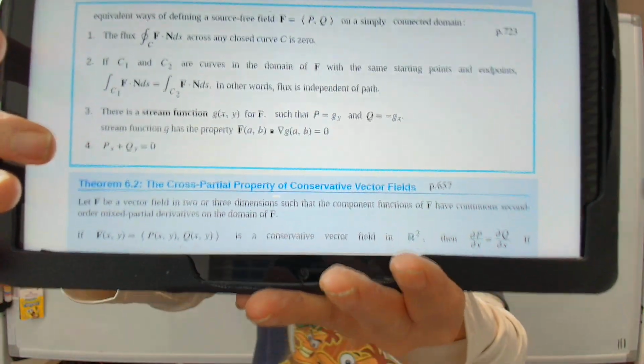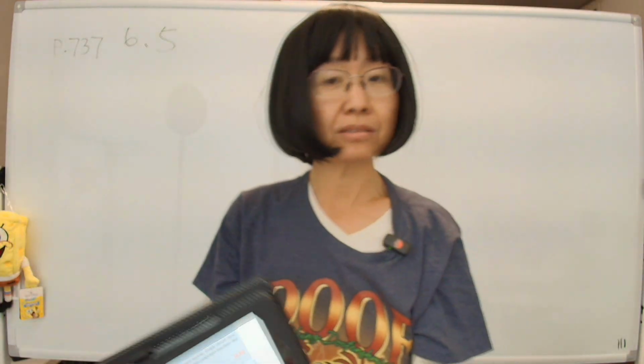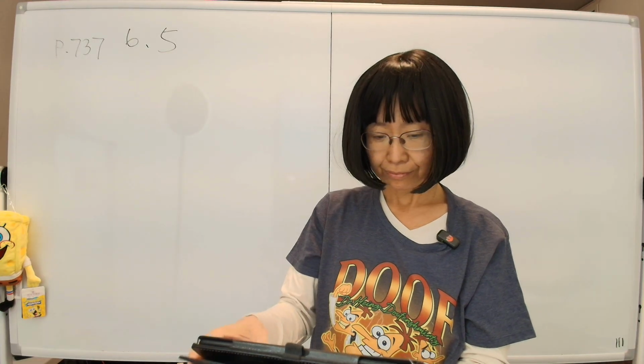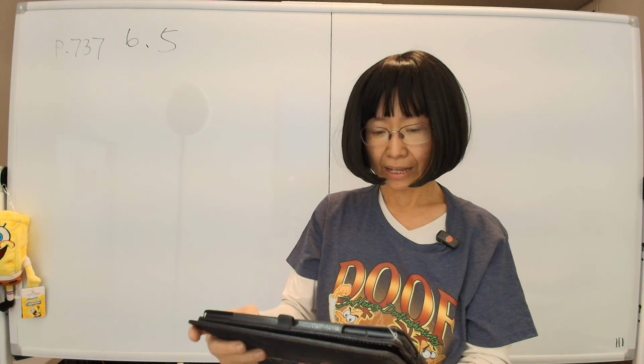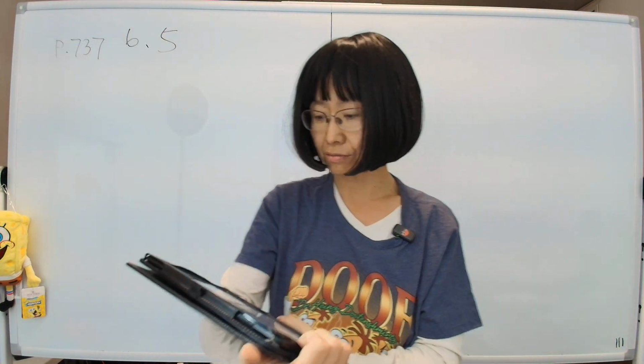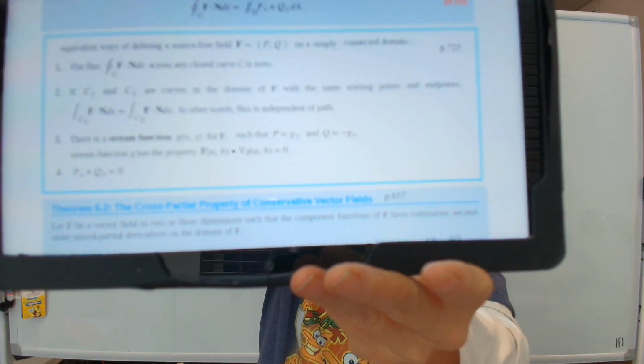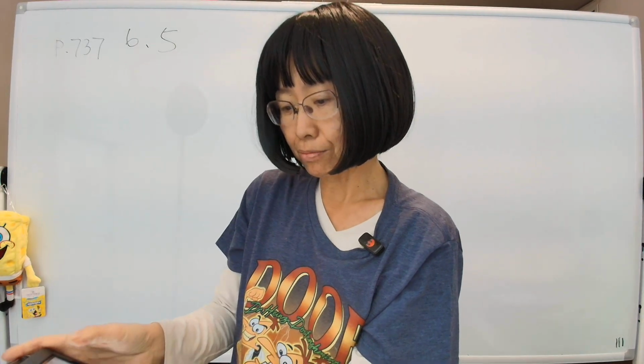And number 4 is Px plus Qy equals 0 for a source-free field. So that's good. And finally, I want to remind you of something we did maybe 100 pages ago. The cross-partial property.